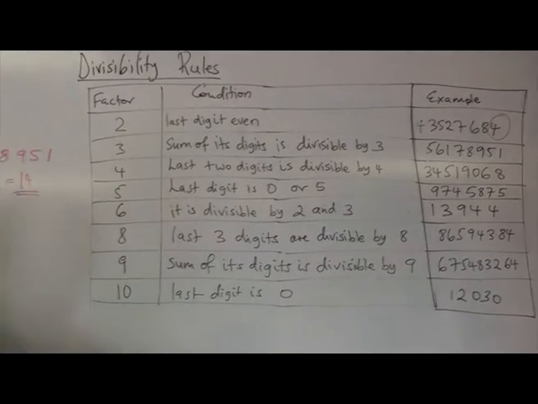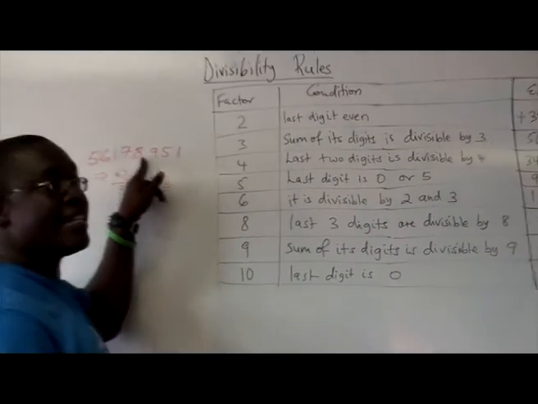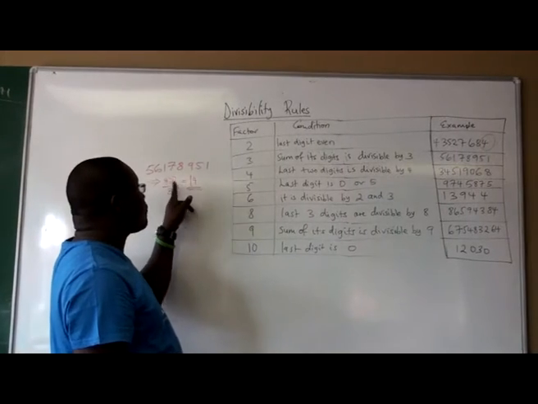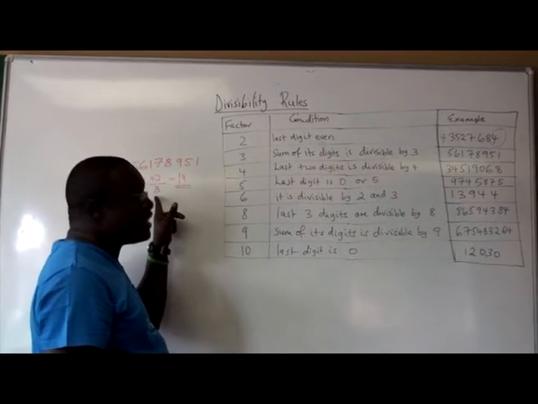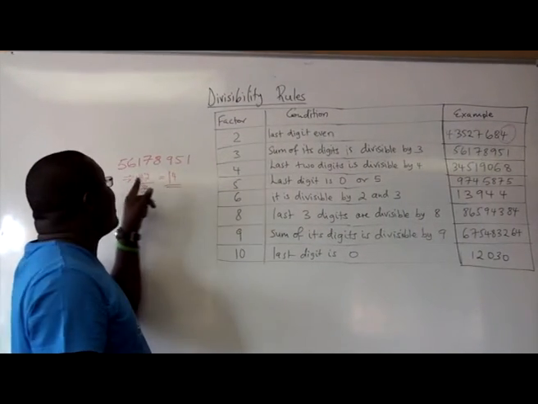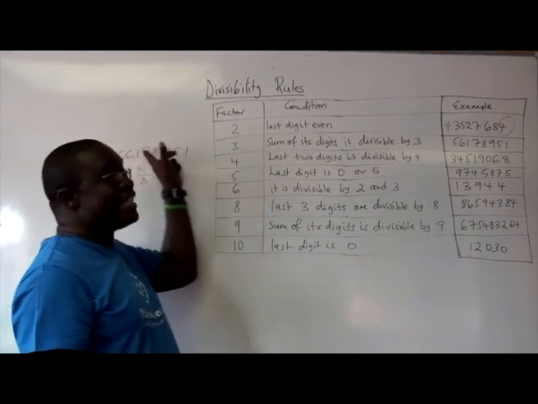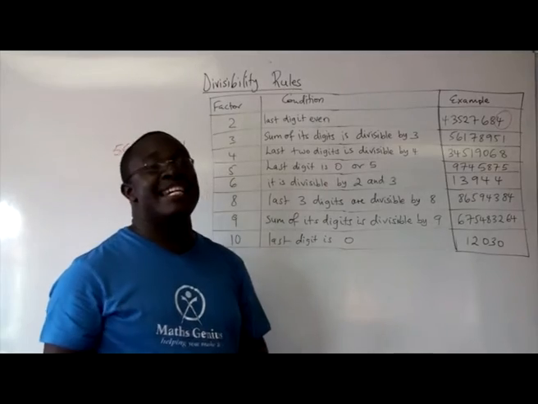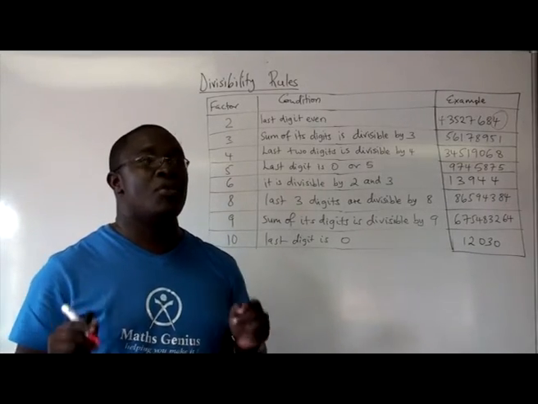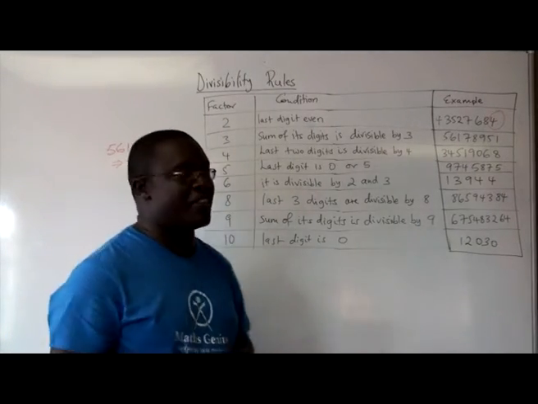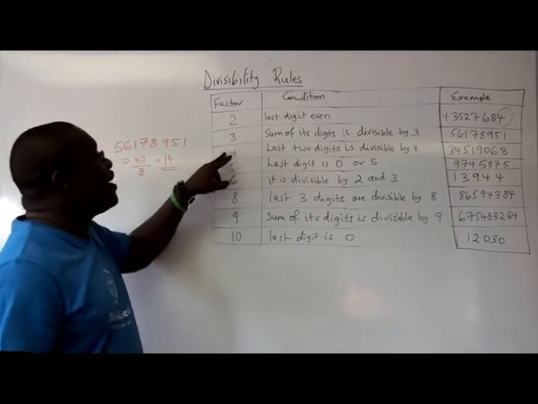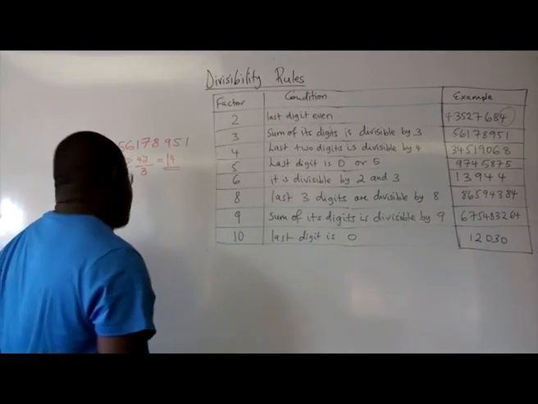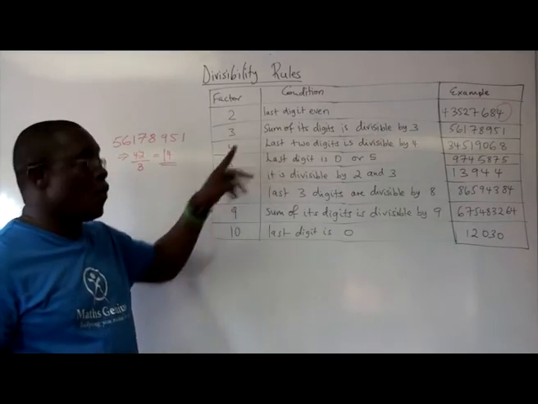Because if you add each of the digits, you get 42, and if you divide 42 by 3, your answer will be 14, which means that the sum of the digits is divisible by 3. You can do that in less than a minute and you will look very, very cool among your friends.